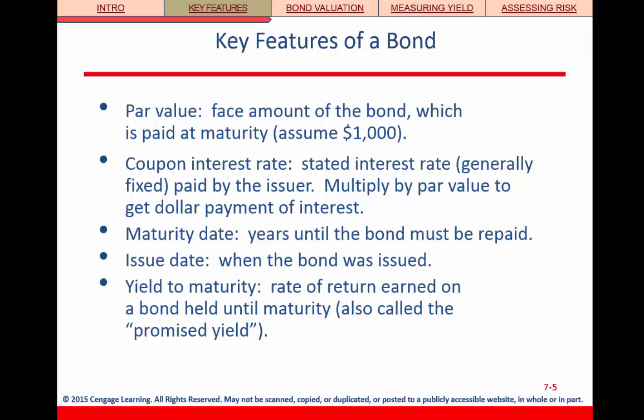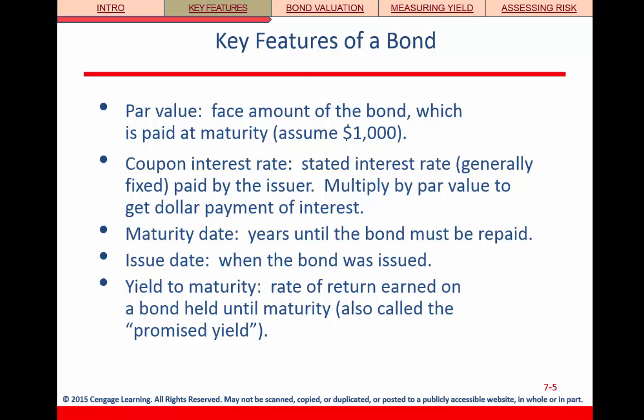Yield to maturity can change over time, whereas the coupon rate stays the same if it's a fixed coupon rate bond. So the yield to maturity is like the current rate in the market. If I'm a company and need to issue a bond 30 days from now, what interest rate would I face? That's the yield to maturity. And that's what's used to price a bond.